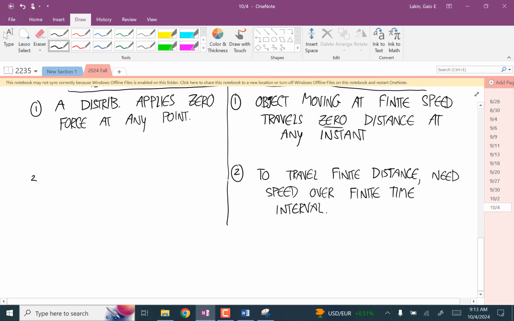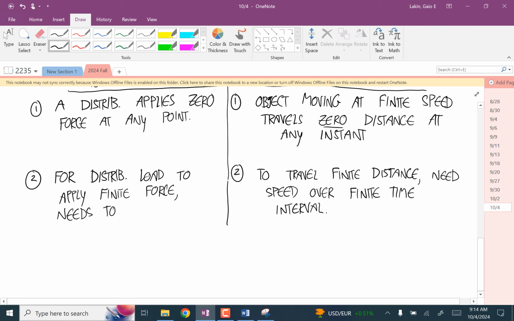So the same as that, for a distributed load, to apply a finite force, it needs to act over a finite distance.